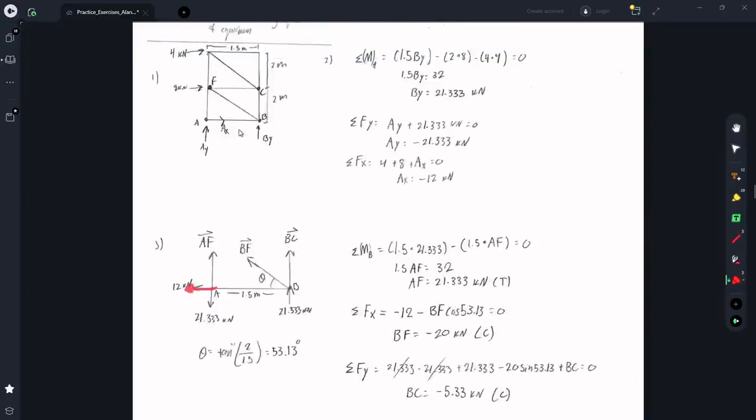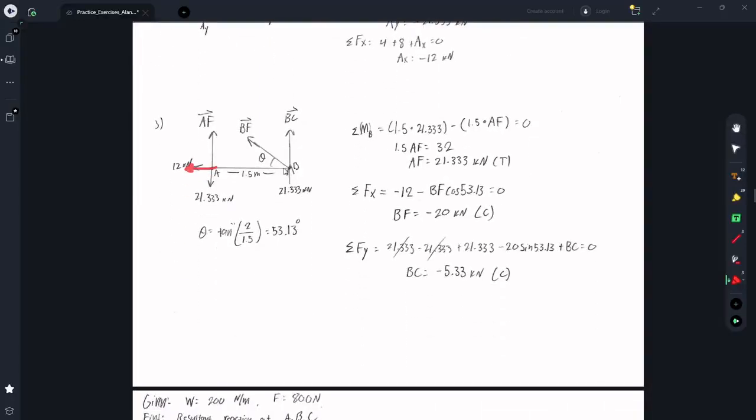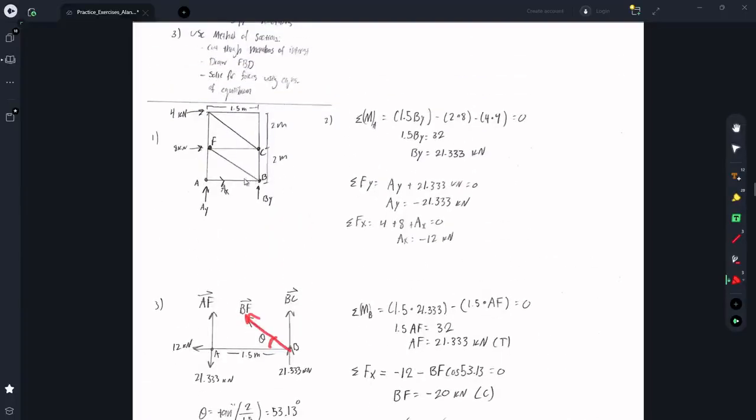So next, I did the sum of the forces in the x direction, which are 12 kilonewtons left from the support at A sub x. There is an x component of BF, and so to get that, we need to find this angle between BF and the x-axis. To do that, we can just use the tangent being opposite over adjacent, and the side lengths.